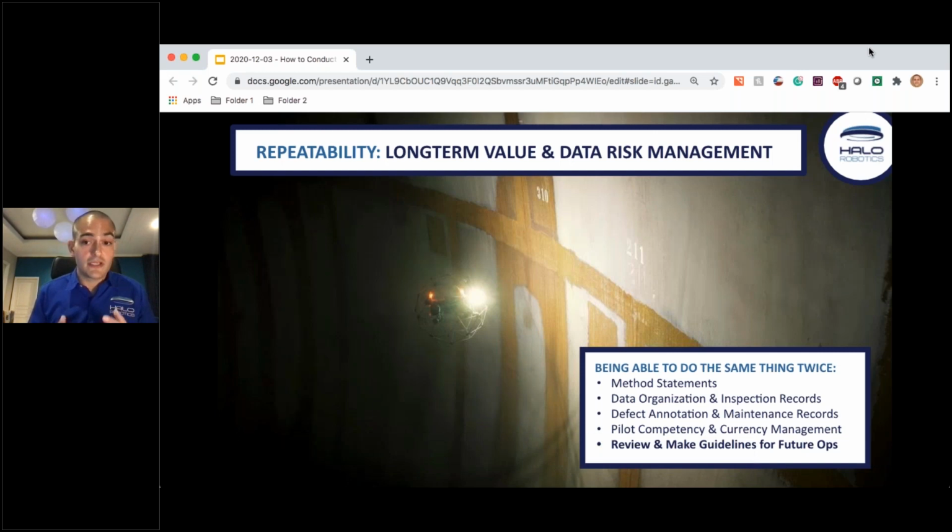The guidelines are basically like company regulations, right? We formulate them like laws, like guideline number 1 of 2020 on confined space inspection in HRSG, right? Very specific guidelines, so that the next time we go to do an HRSG, even if it's a different pilot, we can have a standardized way of doing that.